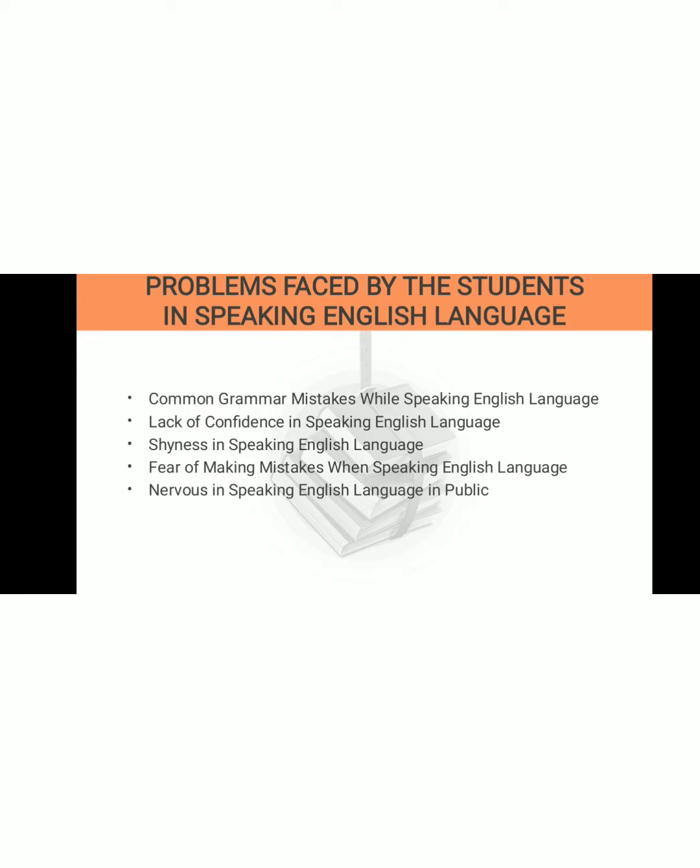And the last is nervousness in speaking English language in public. Nervousness is also one of the reasons behind the students who cannot speak English language in public or in front of people. By nervousness, the student feels uncomfortable and confused in speaking English language and communicating in English language in public.